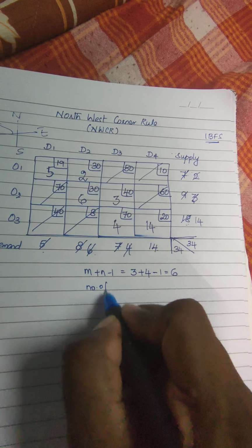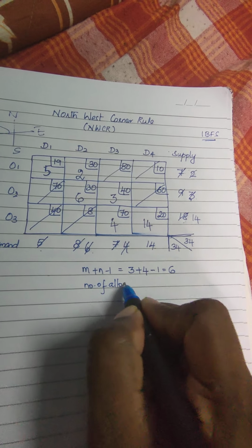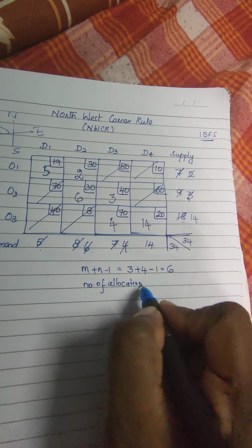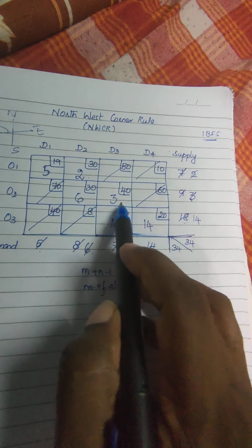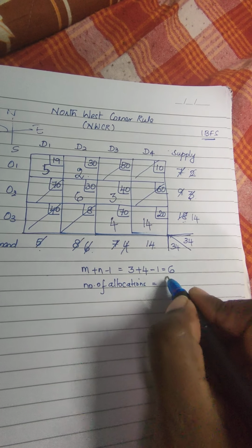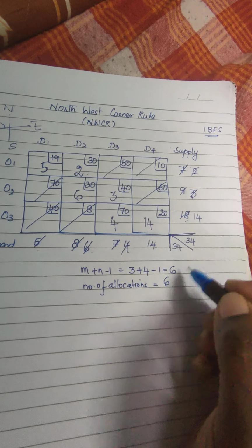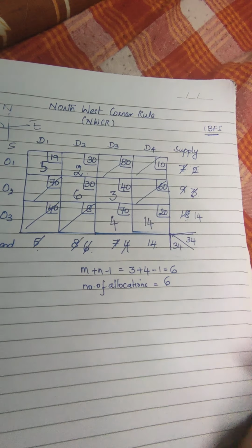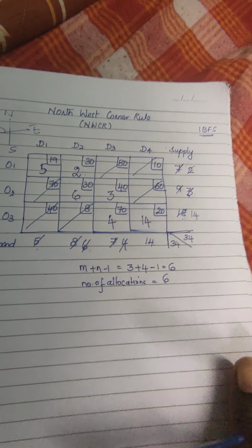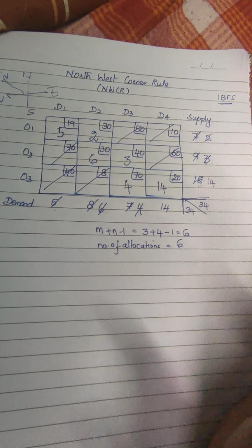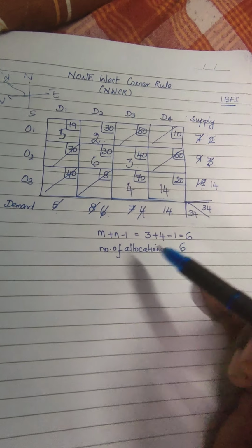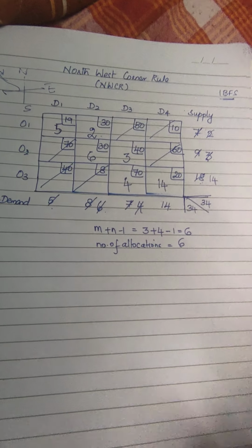The number of allocations, the boxes that you have filled with numbers, is 5, 2, 1, 2, 3, 4, 5, 6. If these two are equal, then the problem is fine. Otherwise your problem is degenerate. Here the problem is not degenerate, it is very good. Both are equal, so we can proceed.